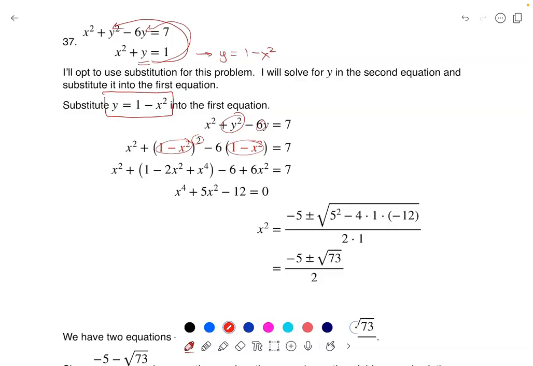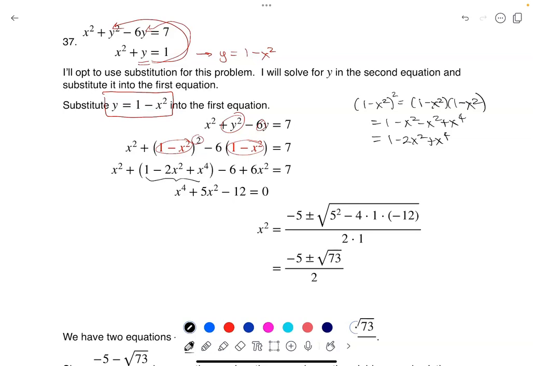Then I start foiling things out, and let me show you this. When I take 1 minus x squared, that's 1 minus x squared times 1 minus x squared. When we do first, outer, inner, last, and I simplify that, I'm going to have 1 minus 2x squared plus x to the fourth, and that's what you see right over here.